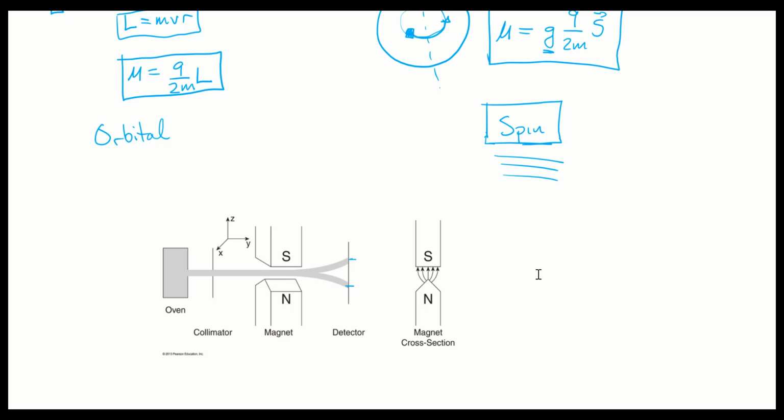We would expect just a broadened smudge, a band where particles hit everywhere along here. But that's not what we see. We see this distinct quantization of the spin angular momentum.